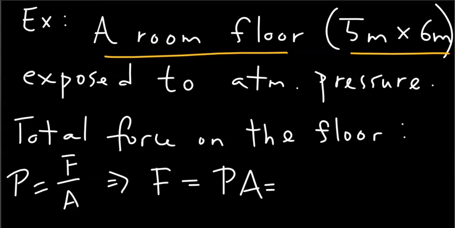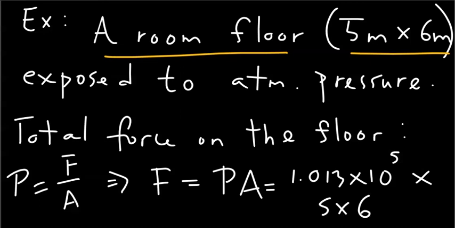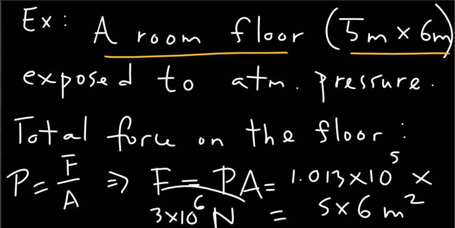Since this is atmospheric pressure, let's do the calculation in SI units. It's going to be 1.013 times 10 to the power 5 Pascal, or Newton per meter squared, times the area, which is 5 times 6 meters squared, and that's going to give you a value of 3 times 10 to the power 6 newtons for the total force on the floor.